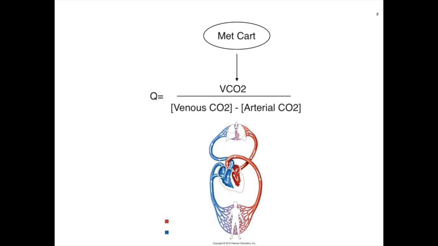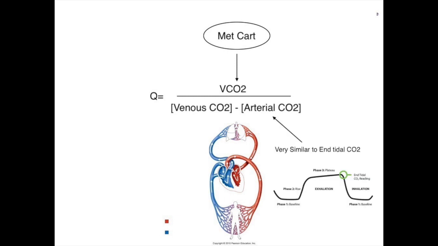The arterial CO2 content is estimated from end-tidal CO2 during a normal period of ventilation. The CO2 content at the end of your breath has been shown to be very close to the CO2 in the blood that leaves the lung. So the CO2 at the end of a normal breath, which can be easily measured, can be used as a good estimate for the arterial CO2 term.